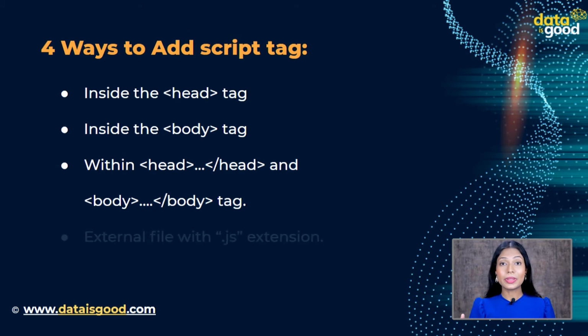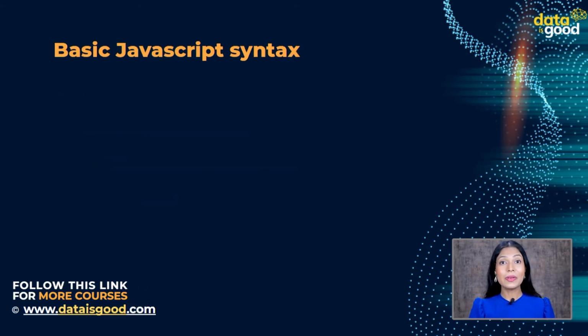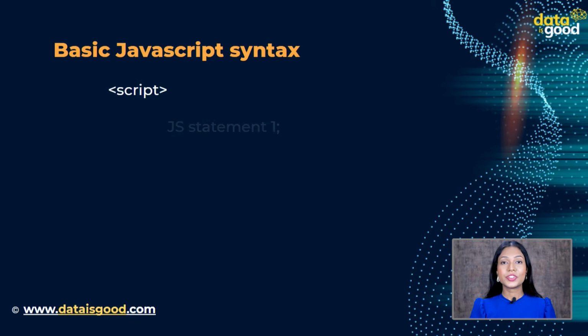We can also create an external file with the .js extension, write our JavaScript code there and link it to the main HTML file. But we will look at this advanced method in later chapters. For now, let us learn some basic JavaScript syntax. Syntax: script, JS statement 1, semicolon, JS statement 2, semicolon, script.